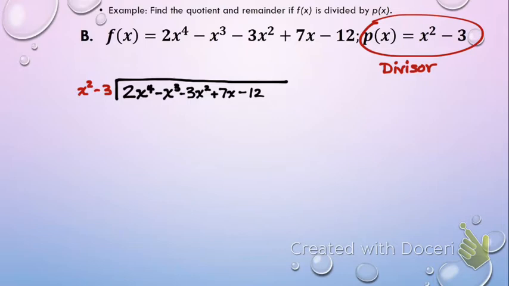First thing I need to ask myself is what? How many times does x squared go into 2x to the 4th? Or if I divide these two, 2x to the 4th divided by x squared, what would I have?